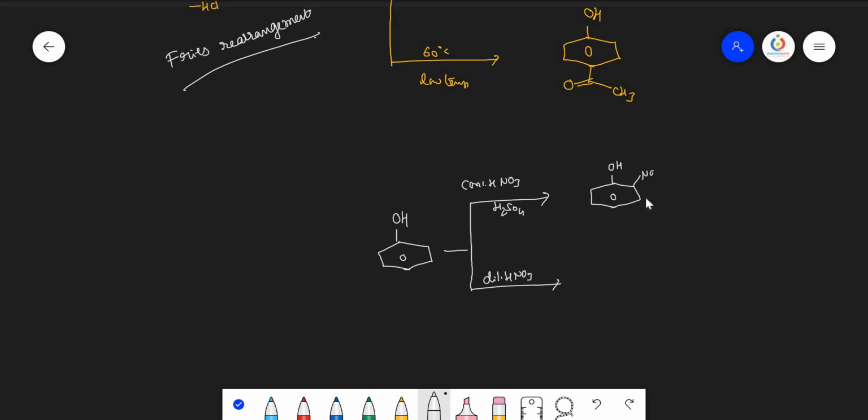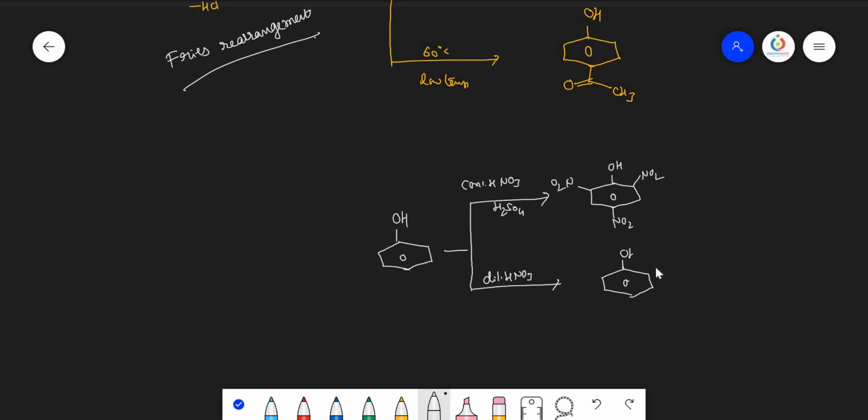OH, NO2, NO2, and NO2. This is called trinitrophenol, which is called picric acid. If dilute HNO3 is used, then either the ortho position or the para position shall be occupied.